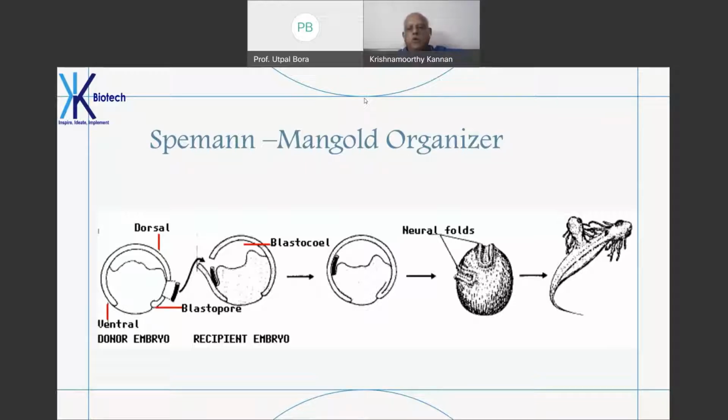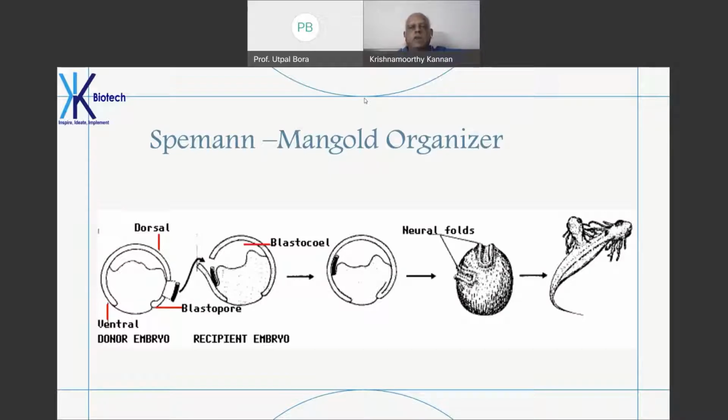What they observed was that after some time, it produced a bi-headed salamander. Now, you might think that one will be colored and one will be white, but actually both are white.